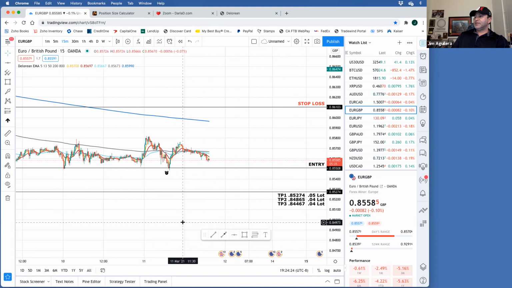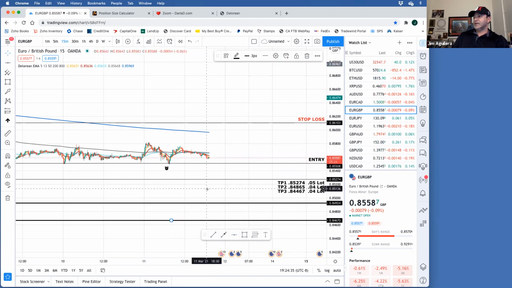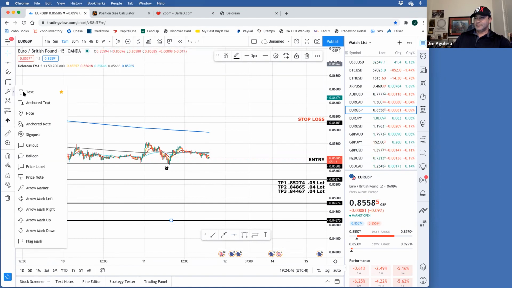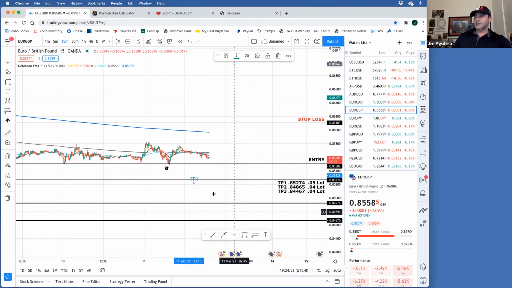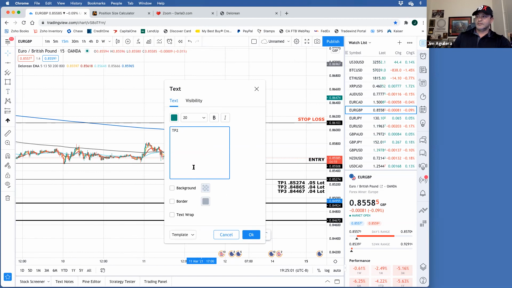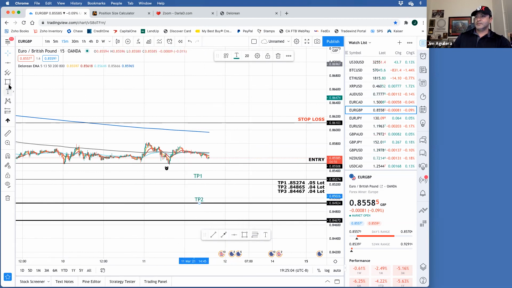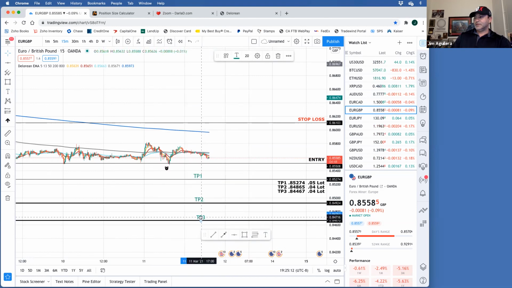So just for example, I'm not going to put these lines exact. But these three lines can represent the three take profits that we're talking about.